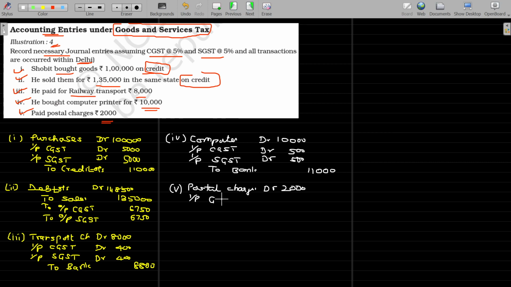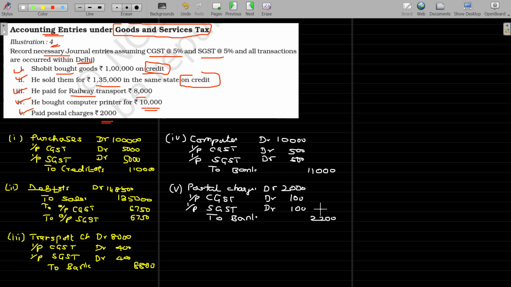So input CGST account debit, and input SGST account should also be debited, right? This value will be 5% on the postal charges, which is 100 rupees for the state government and another 100 rupees for the central government. The overall payment in this case being 2,200 rupees.